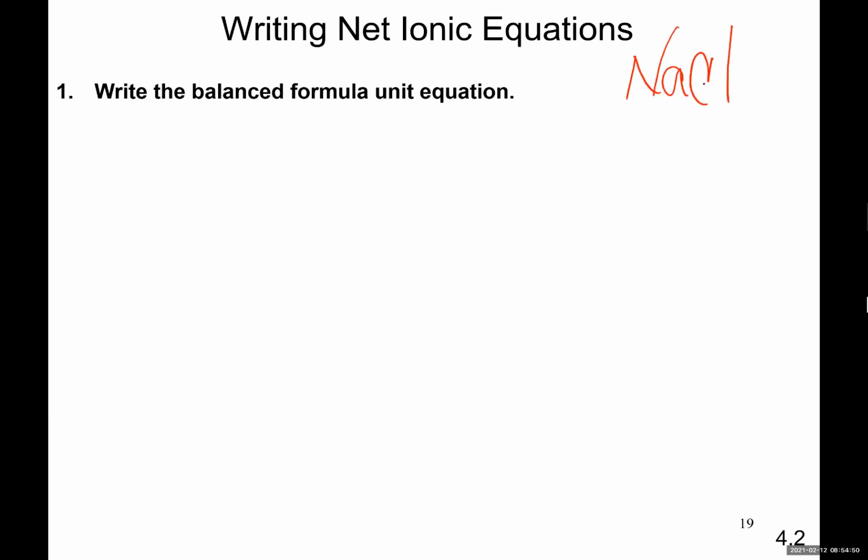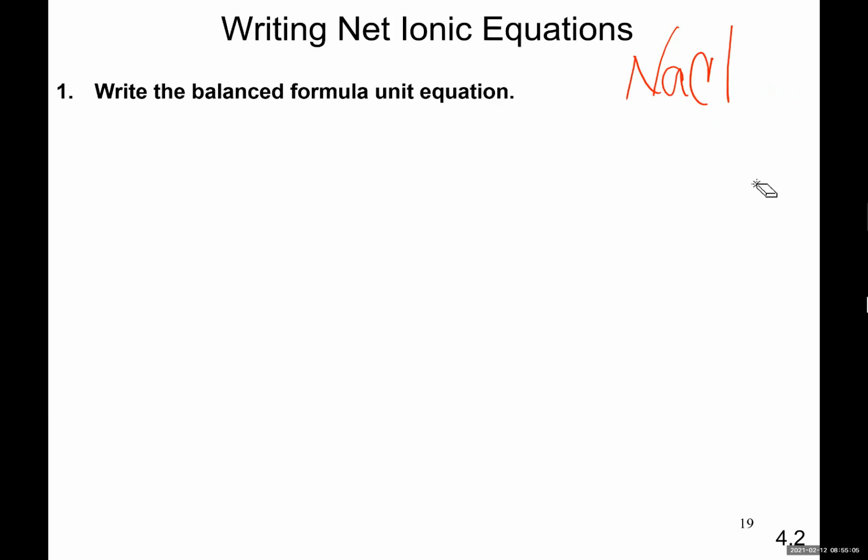So let's summarize how you write a net ionic equation for a precipitation reaction. Step number 1, write a balanced formula unit. What's a formula unit? If I ask, what is the formula unit of NaCl? That's the formula unit of NaCl. And this is the ionic structure of NaCl. So write the formula unit.